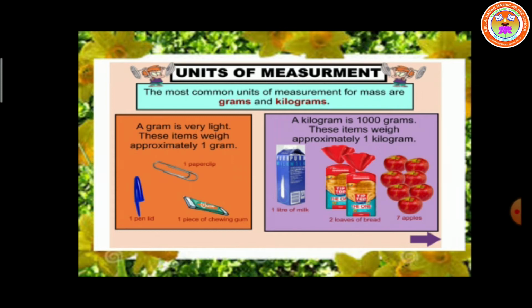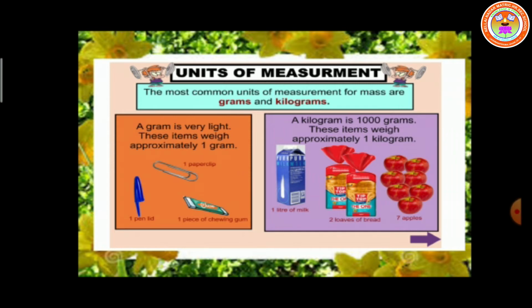A gram is used to measure lighter objects. See the examples given here: paper clip, pen lid, a piece of chewing gum. These are considered approximately 1 gram, and may be less than a gram also.